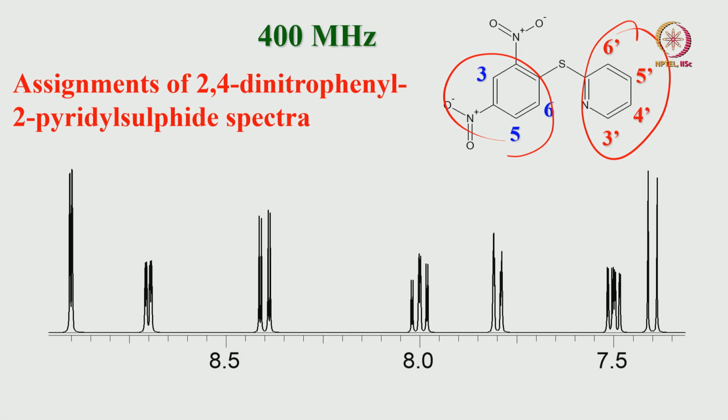I would fairly say this proton 3 is easy to assign, because this experiences only meta coupling here, becomes a small doublet, and then if at all you resolve, there can be a para coupling. It could be a doublet of a small doublet with a separation of 1.5 hertz, and each of that line could be a doublet. So if it is not resolved, long range coupling, fairly you can say this should be a doublet with a small separation. If you look at the spectrum, I would say this is the peak which is coming. So fairly I would say that could be proton 3.